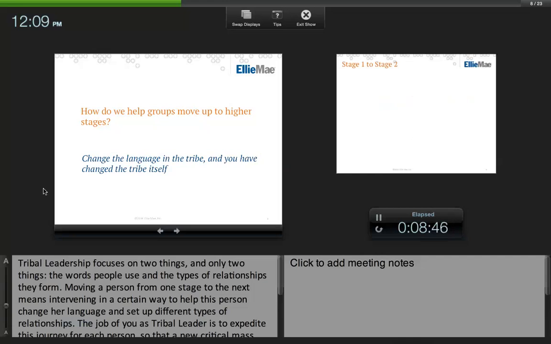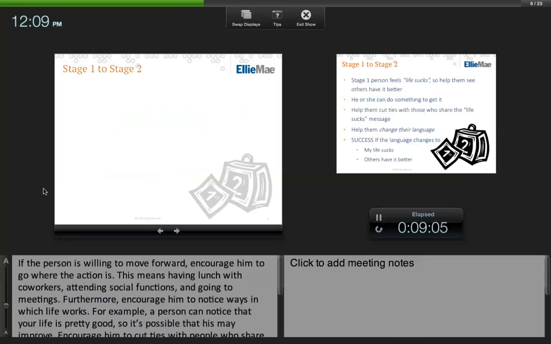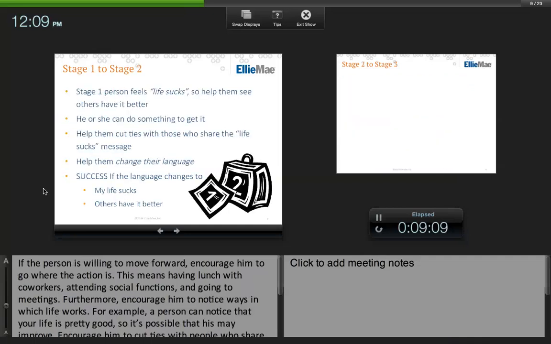So when the language changes from, I've done this all before, it doesn't work, to let's give it a shot, let's work together. It's not all on me, it's on us, and let's solve problems together. When you change that language, you've changed the tribe itself, and you're on your way to build stage 4 and 5 teams.